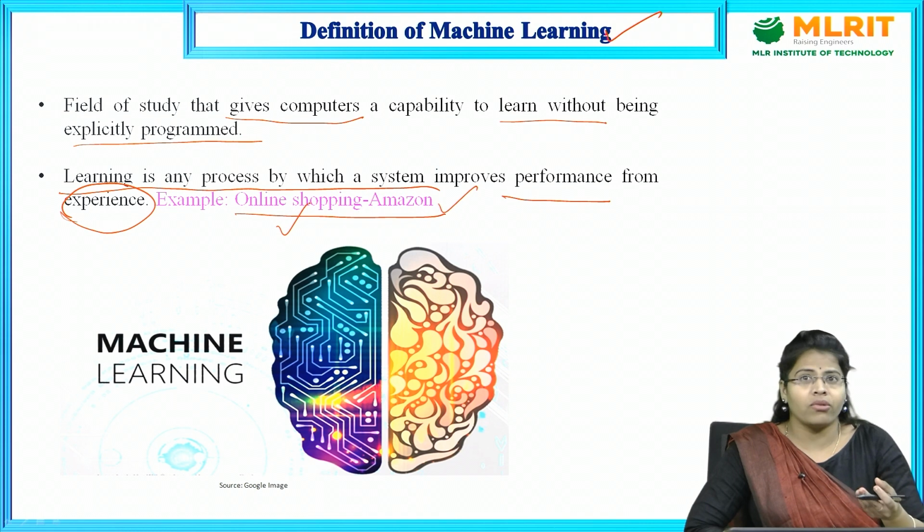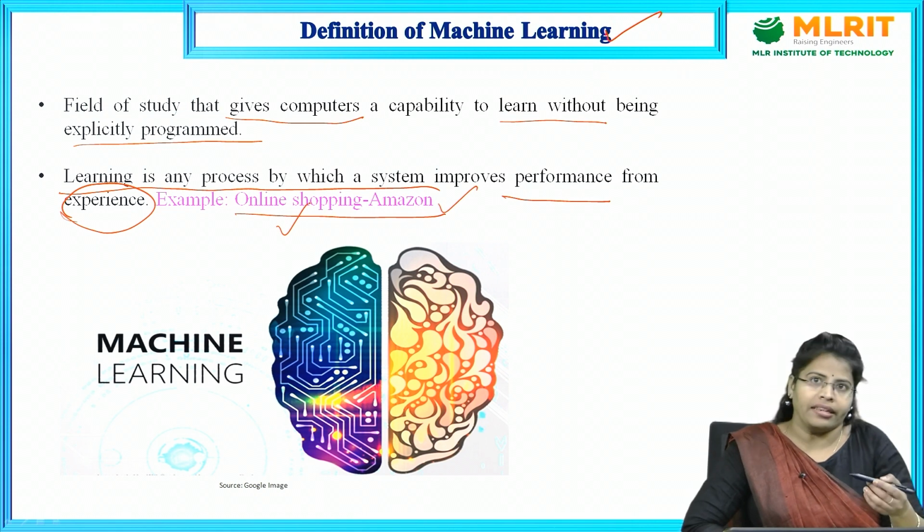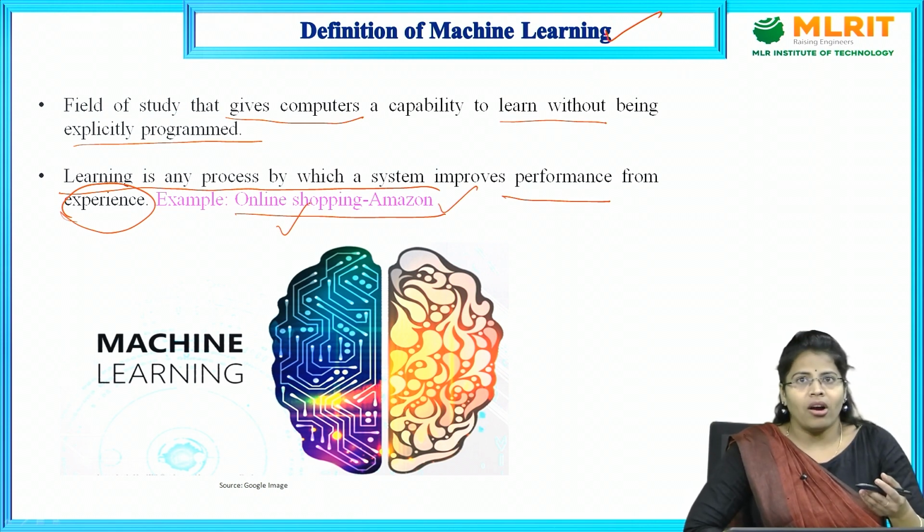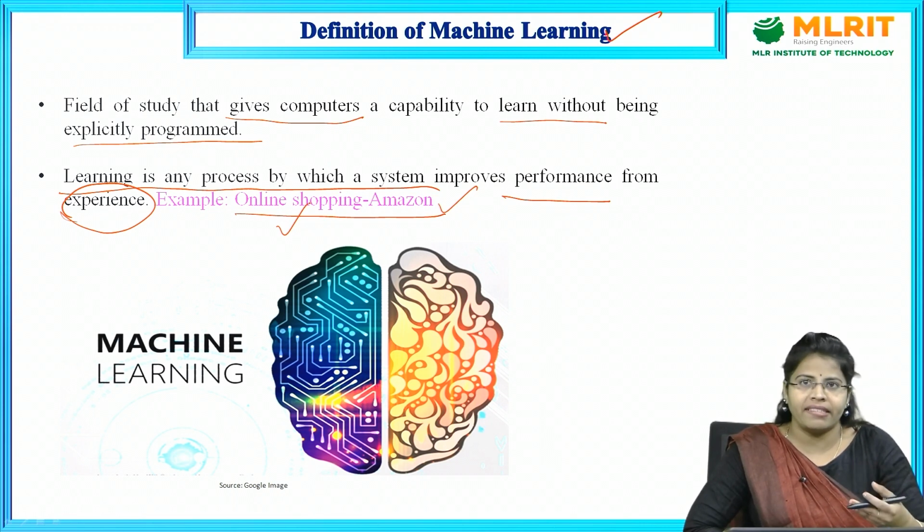Whatever the user buys for the first time, based on that previous data the machine is going to learn and collect that data. On the home page of the Amazon application, you can see the products related to your previous search. So that is what the machine is going to learn from the previous data.